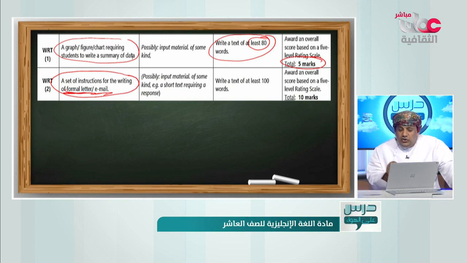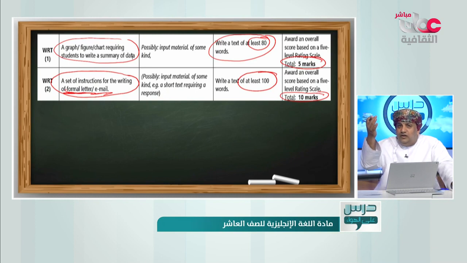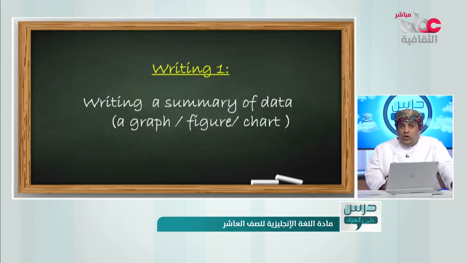So you should write at least 100 words in this question, and the teacher will give you 10 marks. So 5 marks for the first writing question and 10 marks for writing number 2. So let's go deeply and focus more on these two writing questions.